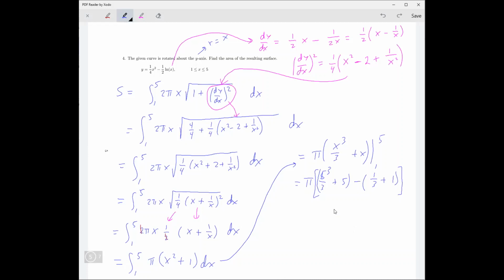If I use a calculator to evaluate this, I get 136 pi over 3. Let's see, is that correct? That's 125 there, and this is 15, so that's 140. Then I'm subtracting 1, so that's 139, and subtracting another 3, so that's 136. Yeah, 136 pi over 3.